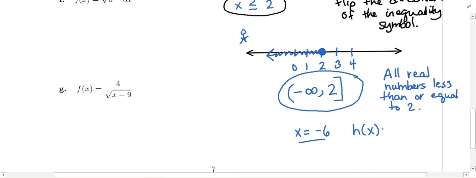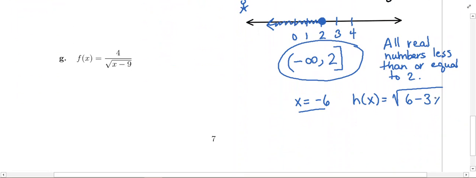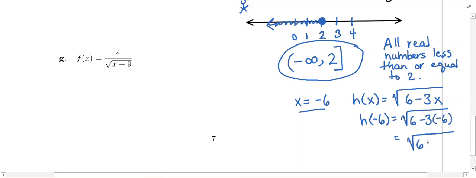Again, our function is h of x equals the square root of 6 minus 3x. Plug it in. h of -6 is the square root of 6 minus 3 times -6. You substitute -6 for x. If we simplify underneath, we get 6 plus 18, because negative times negative is positive and 3 times 6 is 18.